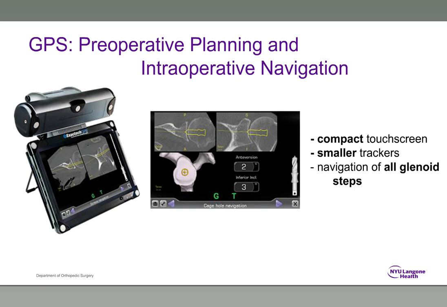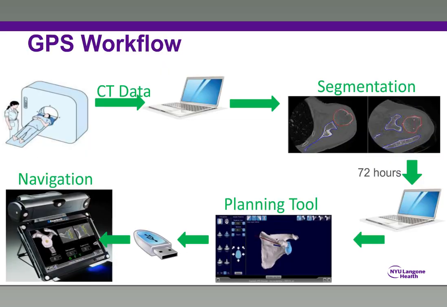The preoperative planning and intraoperative navigation combination is what I have found most effective, and it has actually made me a better arthroplasty surgeon. The system I use has a relatively compact touchscreen. There are small trackers that have to be placed within the operative field. But basically the steps are the same for the glenoid except for the placement of the trackers and the acquisition of the data. This requires preoperative planning.